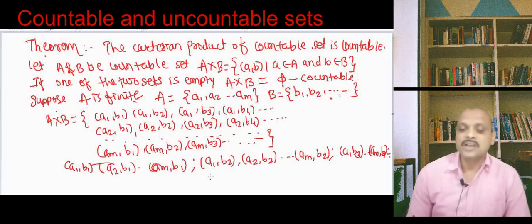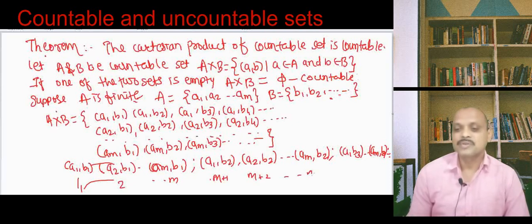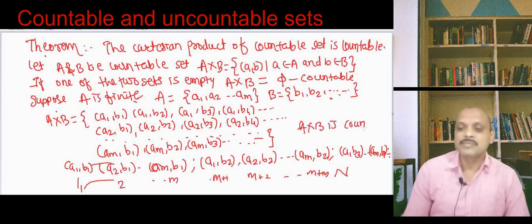And we can count every element and put it in one-to-one correspondence. So these are the first m elements, 1, 2 up to m. This is my next m elements: m plus 1, m plus 2, up to m plus m. Like this, there is a one-to-one correspondence between the set A cross B and the set of natural numbers, and hence A cross B is countable when A is finite.